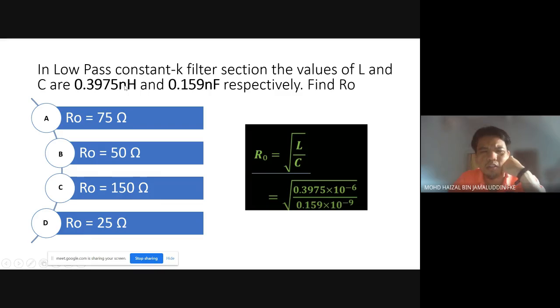Okay, wrong question. I think it's microhenry and nanofarad. Okay, thank you. So from this calculation, you get R0 equivalent to 50 ohm. I didn't notice this. So normally it's about question design.